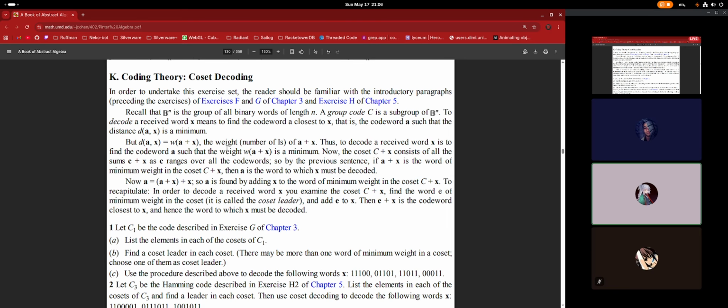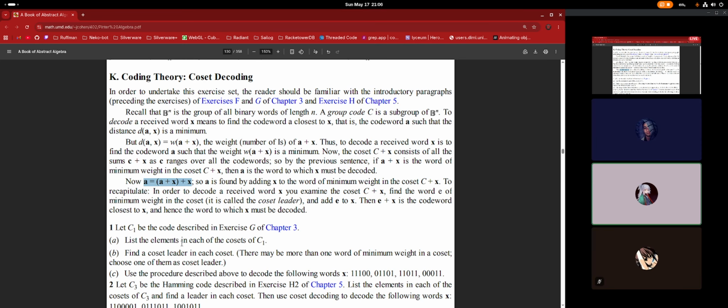I guess that's one way to look at it. Now, A equals A plus X, so A is found by adding X to the word of minimum weight in the coset. Where is this coming from? The decoder receives a word and finds the code word such that the weight is minimum.